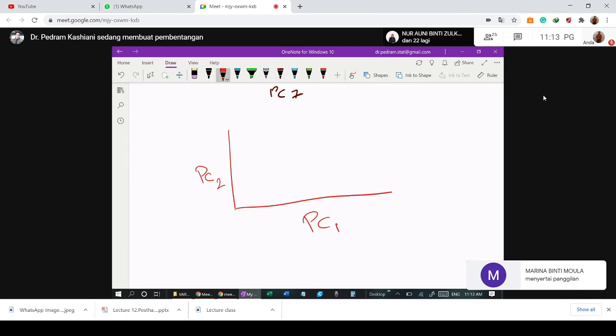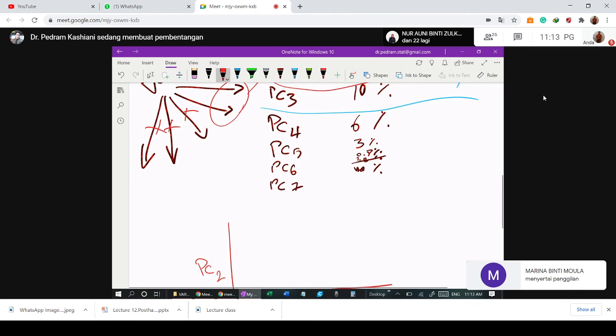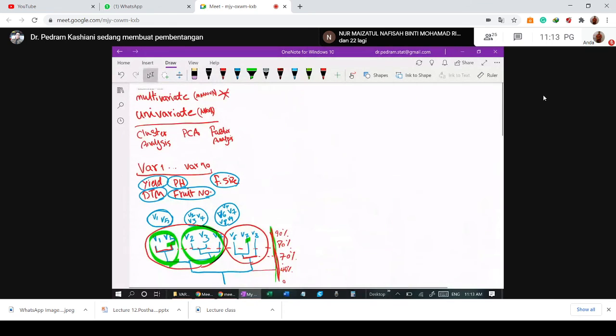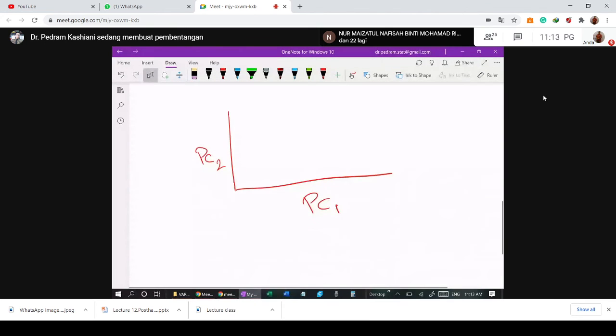After that, I put my varieties. Here, for example, this is variety 1, this is variety 5, this is variety 3, variety 4, variety maybe 2. Here are variety 6, variety 7, variety 8, variety 9, and variety 10. So all of them are 1 point on this graph.